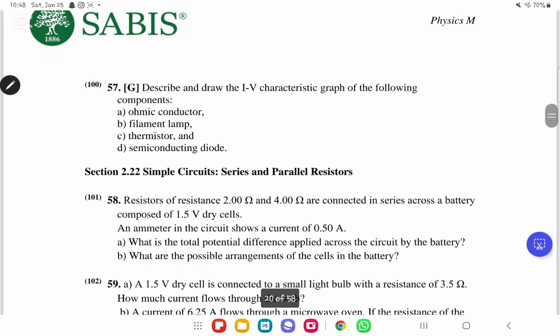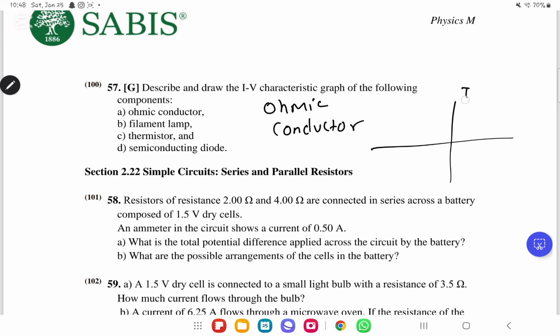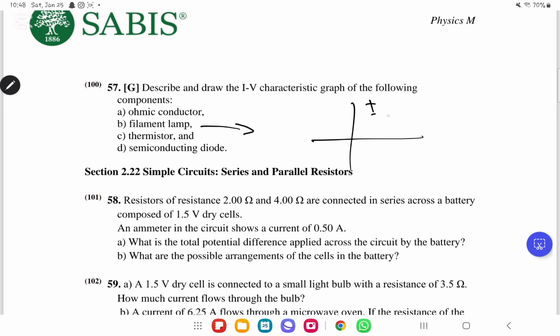Moving on to question number 57. Describe and draw the IV characteristics of the following graphs. You just need to draw the graphs. We know that in an ohmic conductor, its graph is a straight line. We're talking about an IV graph. It is a straight line passing through the origin. Okay? Then if we have a filament lamp, its IV graph looks something like this.